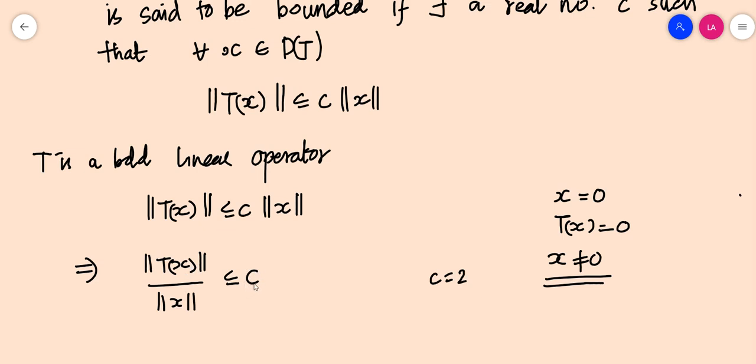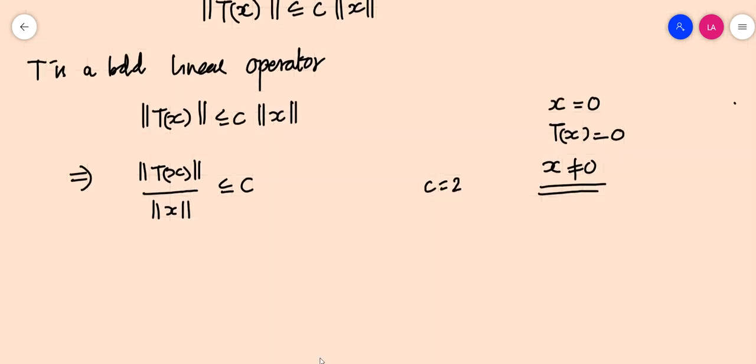We do not need to find a C larger than a particular number, or a C that is a very large number. Our objective is actually to find the least C such that this inequality holds.